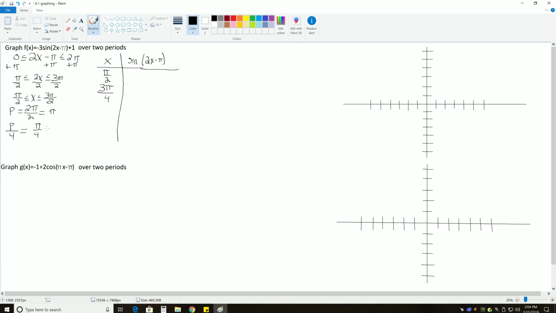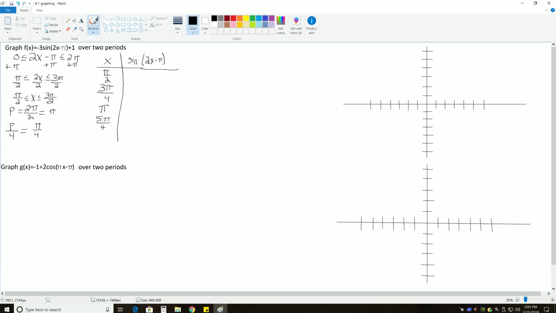And now we're going to repeat this 4 times. If we add p over 4 4 times, it's as if we added one period of our graph. So we add pi over 4 to 3 pi over 4. That gives us just pi. We add pi over 4 to this again. We get 5 pi over 4.